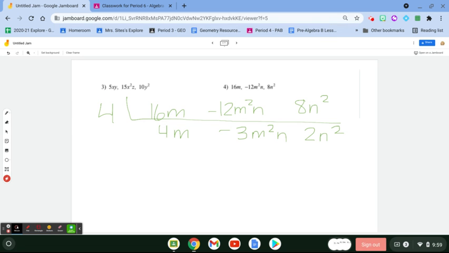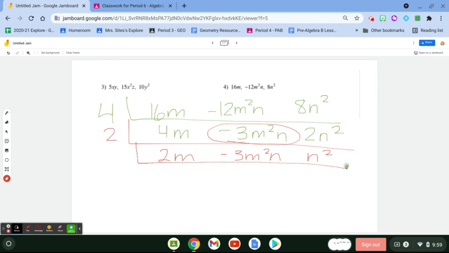So I'm going to circle this and bring it down. Okay, now I'm going to move on to the m's. I see an m in common in the first and second, but not in the last. So I'm going to drop it down.